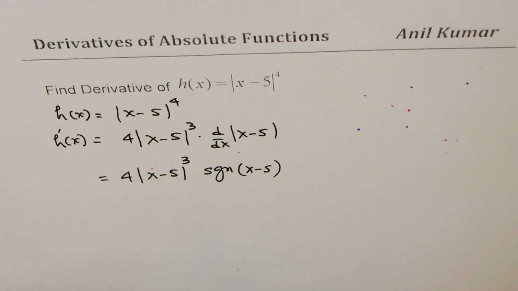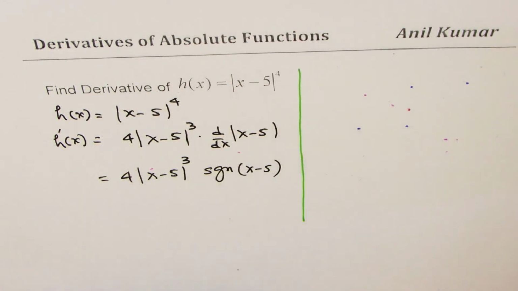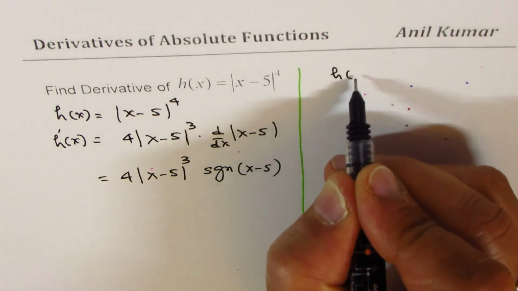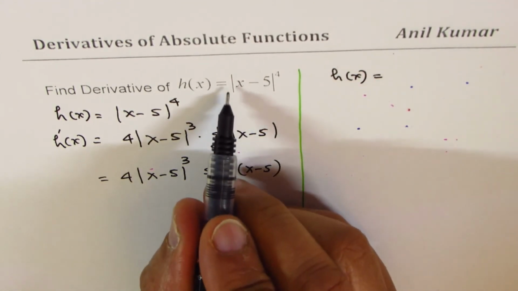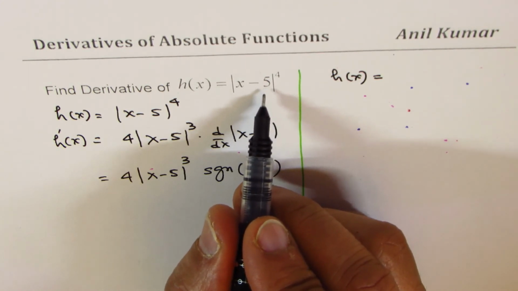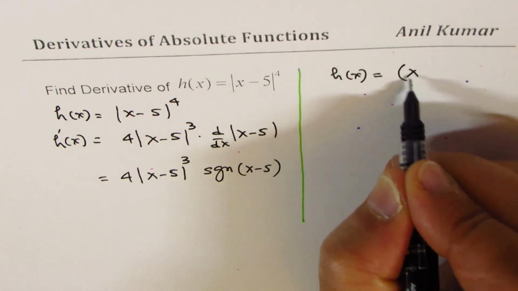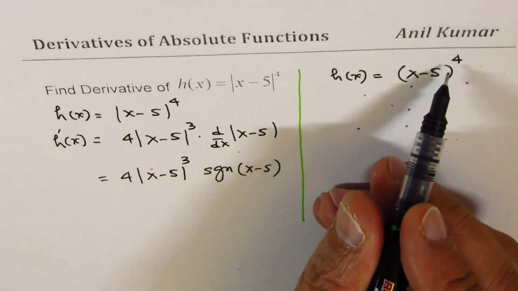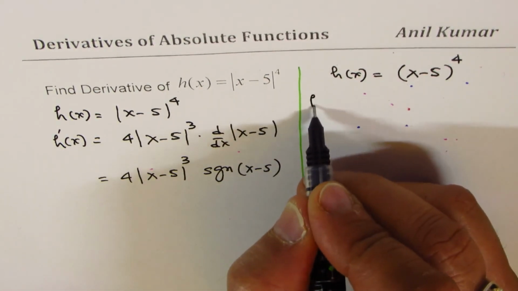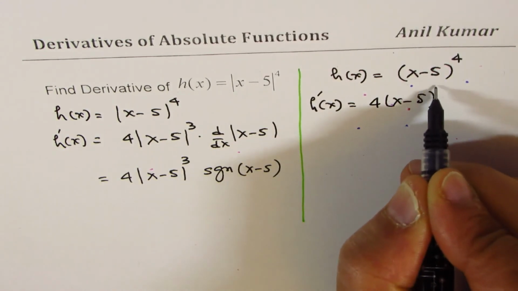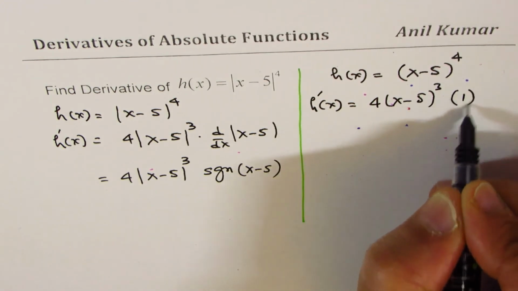Here are a few other approaches you could adopt. Strictly speaking, you could also write h of x as x minus 5 to the power of 4, since the absolute value means always positive. Then the derivative is 4 times x minus 5 to the power of 3 times the derivative of x, which is 1.